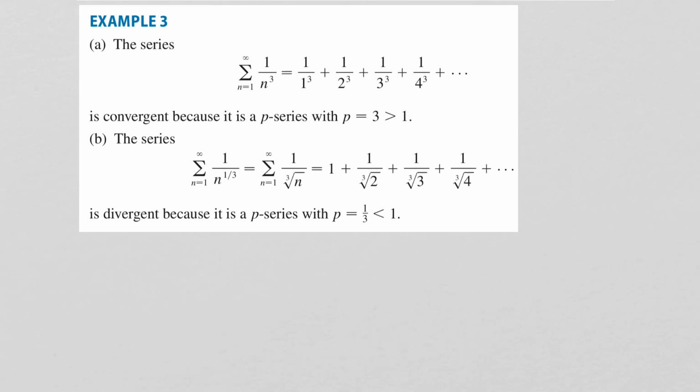So for example, the series 1 over n cubed is convergent because p is equal to 3 and 3 is bigger than 1. And the series summation 1 over n to the 1/3 power, or 1 over the cube root of n, is divergent because here the value of p is 1/3 and 1/3 is less than 1. So the p-series is a very easy test to apply.